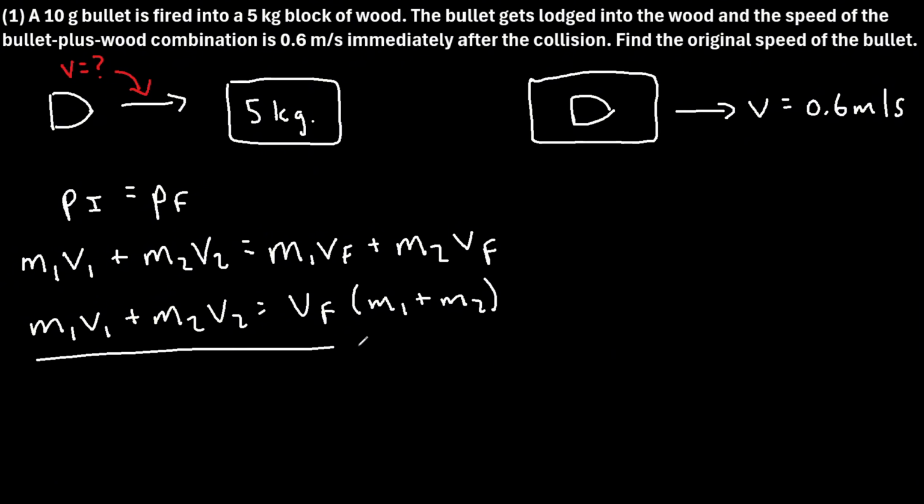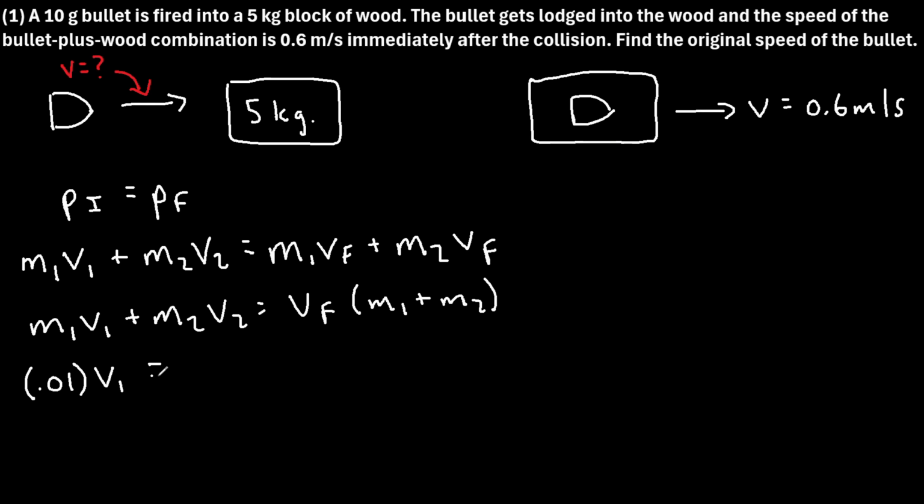Now, in this equation, we're trying to solve for v1, which is the original speed of the bullet. So let's fill in all the values we know and solve for v1. m1, the mass of the bullet, is 10 grams. We want to convert this to kilograms, so we divide by 1,000. That will be 0.01 kilograms times v1, which we don't know yet, plus m2 times v2. v2 is the initial velocity of the wood, and the block of wood is at rest, so this entire quantity is just 0.